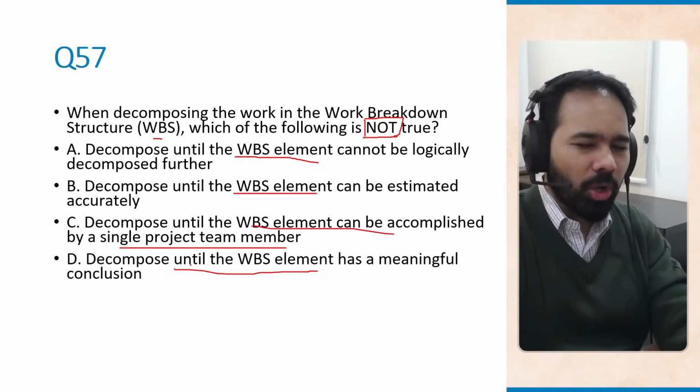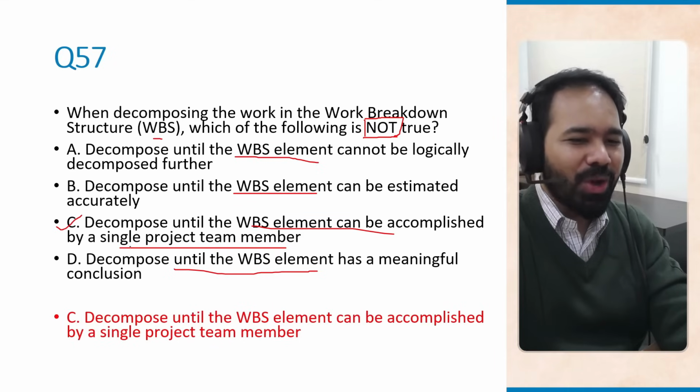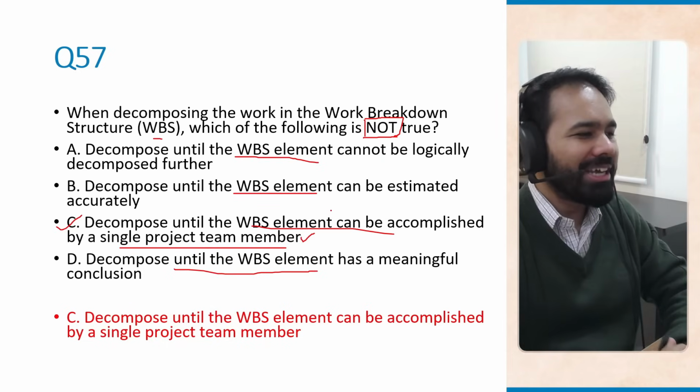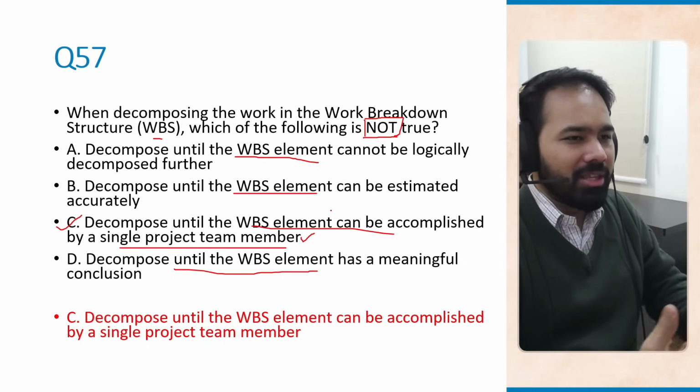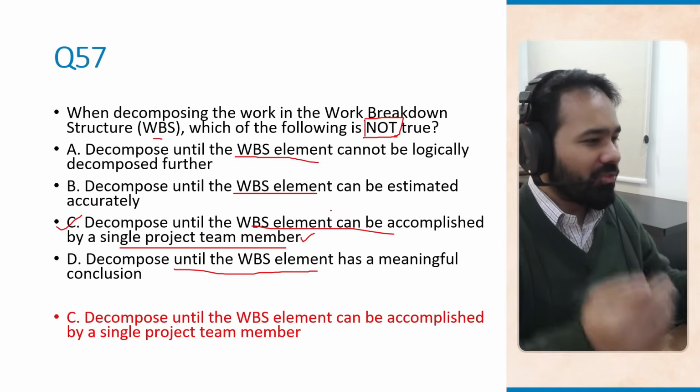So the correct option here is option C, because it is not necessary that you decompose until this element can be performed by a single project team member, right? The project work is not to be done by single project team members. It is to be done with different teams, cross-functional teams, different team members of the same team.